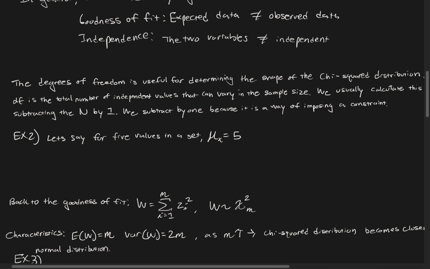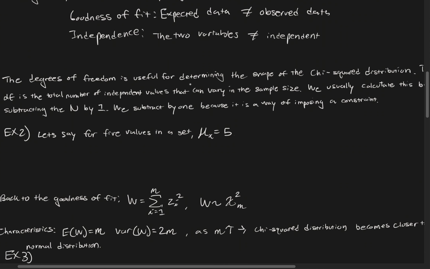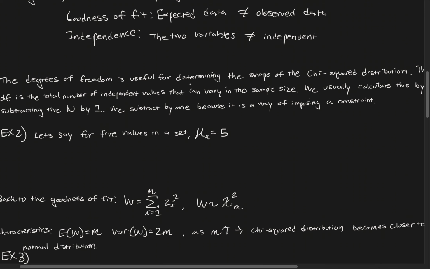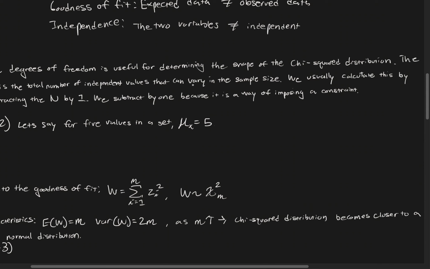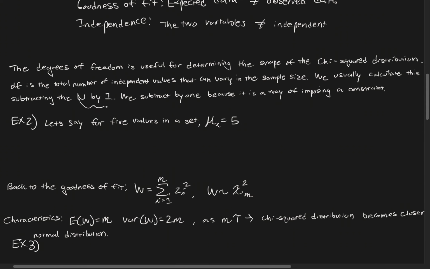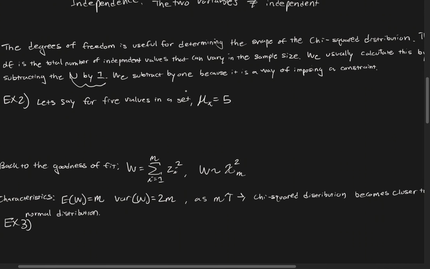Intuitively, visualizing the shape of the chi-square distribution is a bit difficult, but calculating the degrees of freedom, or the DF, is not very difficult. It's simply the sample size, usually the sample size minus 1. If we have multiple independent variables or unknown variables, we will subtract more than 1. But for now, since we are utilizing a maximum of 2 independent or unknown variables, most of the time we'll subtract by 1.